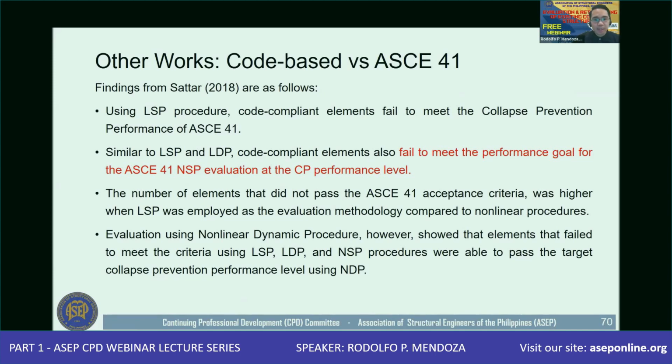And similar to the LSP and LVP procedures, code-compliant elements also fail to meet the performance goal of ASCE 41, particularly when nonlinear static analysis is used under the collapse prevention performance level. Now, the number of elements that didn't pass the ASCE 41 acceptance criteria was higher when linear procedures are employed as compared to when using nonlinear procedures.